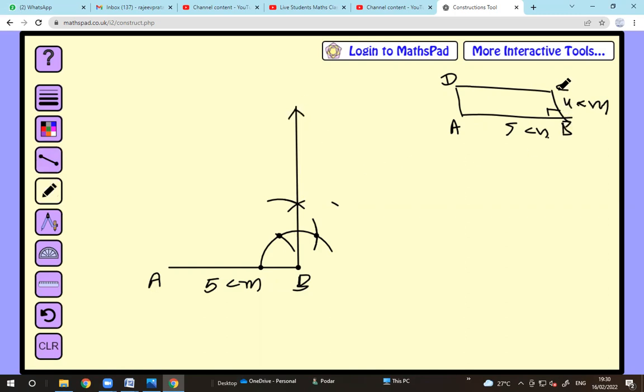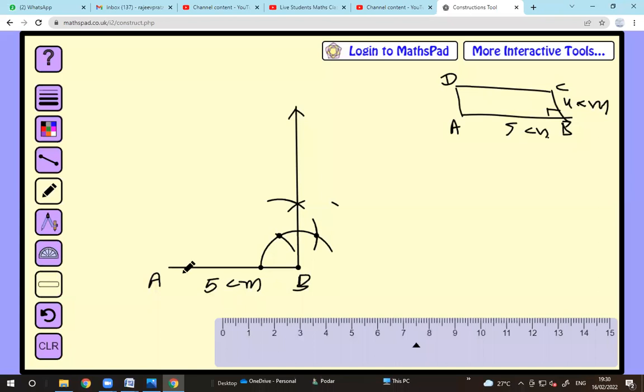Now from B, the point C is at distance of 4 centimeter and along the perpendicular. So जो मेरा point C है इसी perpendicular के ऊपर है, और कितने दूर है, 4 सेंटीमीटर है. So I can take an arc of 4 centimeter.